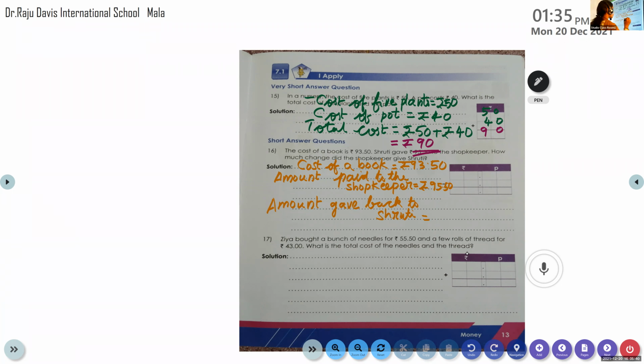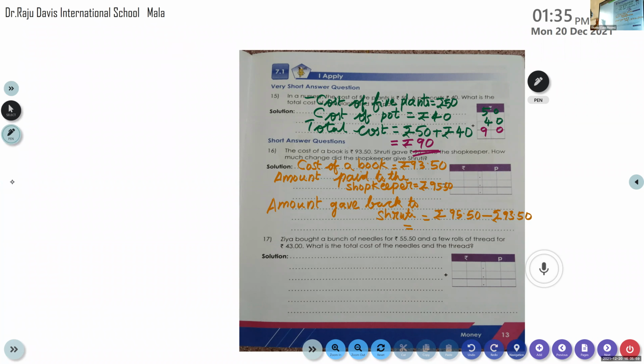Yes, Pitra. Rupees 95, 50 paisa minus rupees 93, 50 paise. Now you subtract and find out the answer. Yes, it's 2.